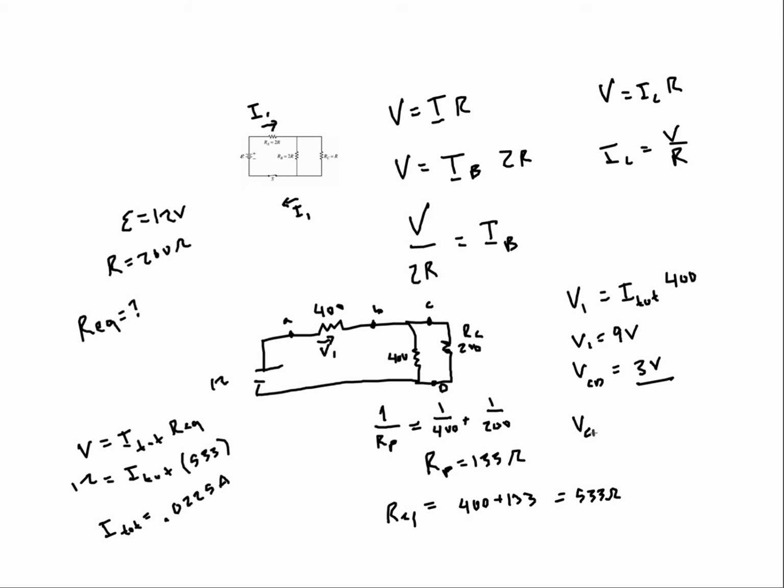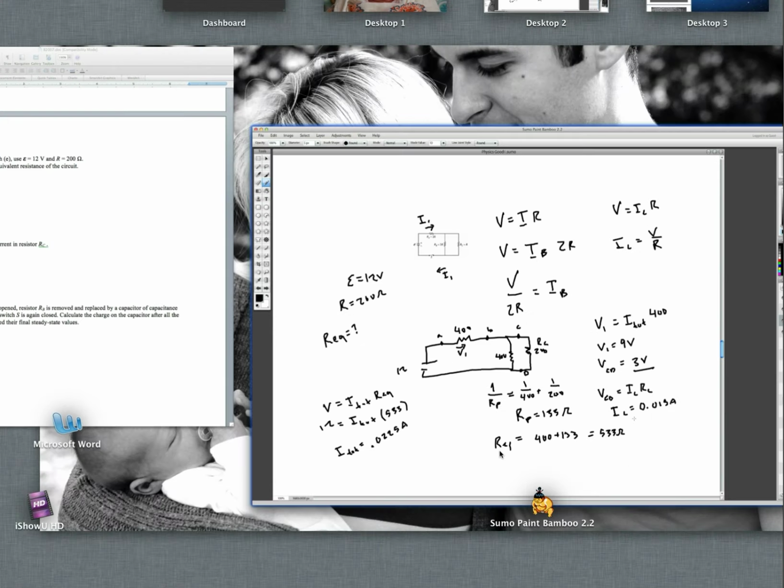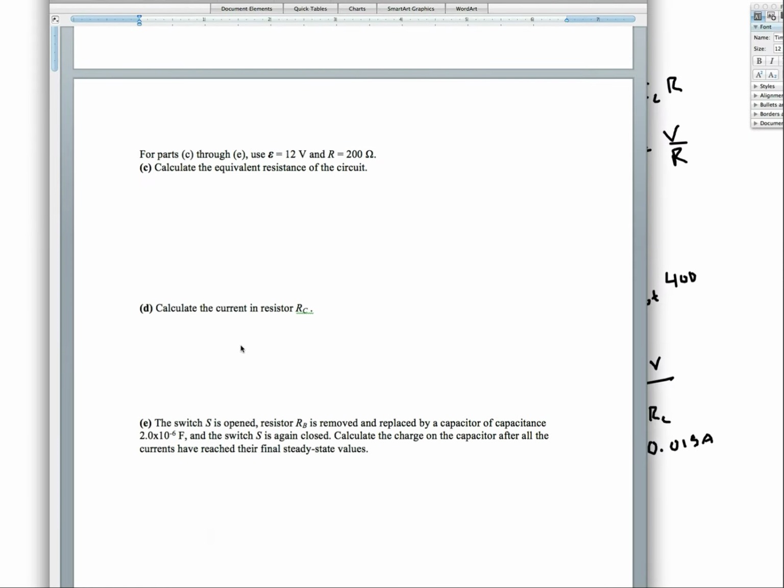So I can go VCD equal to I at C times RC. If I plug in my values, I get a current drawn across that resistor of 0.015 amps. Pretty cool.